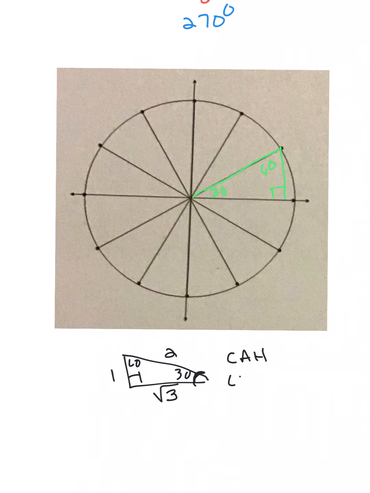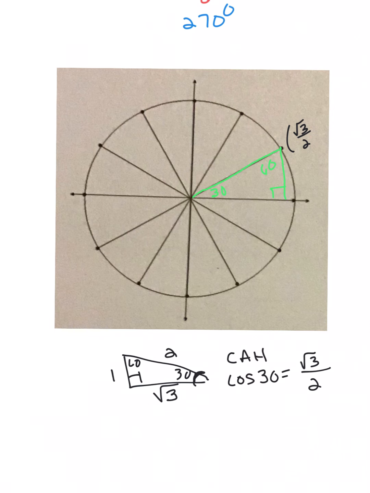So cosine of 30 equals adjacent, the side connected, square root of 3 over the hypotenuse, which is 2. So that means that in our unit circle, the x-coordinate will be the square root of 3 over 2 because it is the cosine.